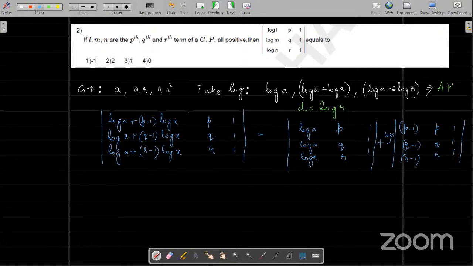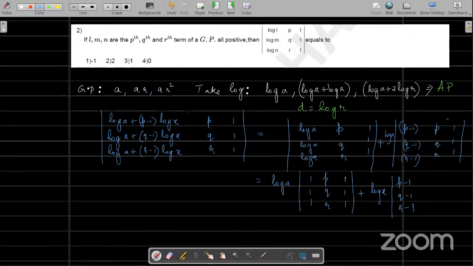Okay. So here again in the first determinant, log A is a common factor. So I can write this as log A times 1, 1, 1, P, Q, R, 1, 1, 1, plus here it's log X. Again, one way is to look at P minus 1, separate it again as P, Q, R and then minus of 1, 1, 1. You could do that, or by doing the row and column transformations, you could write this P minus 1, Q minus 1, R minus 1 as is.